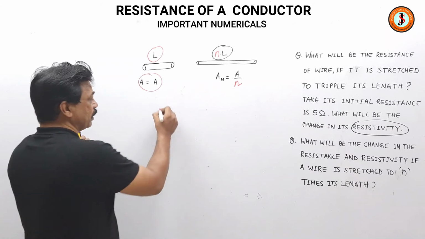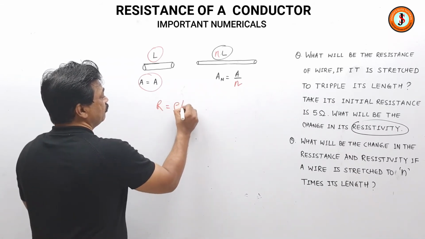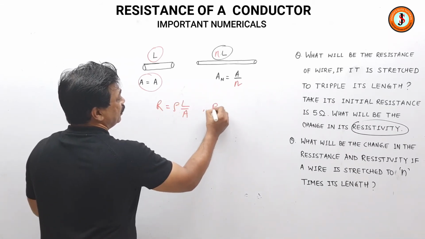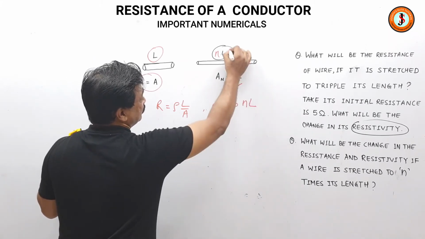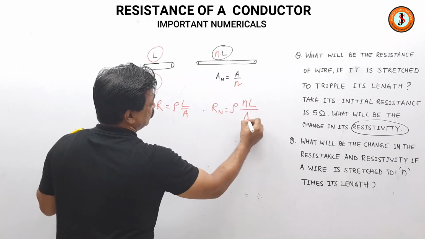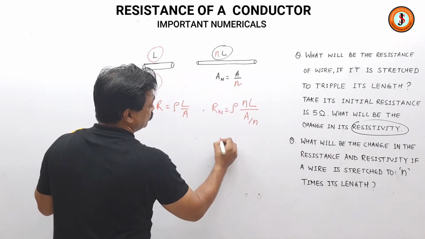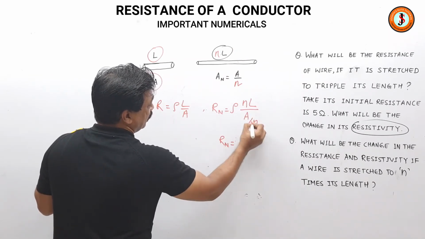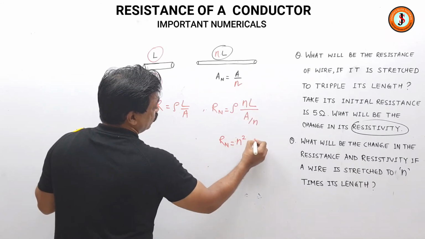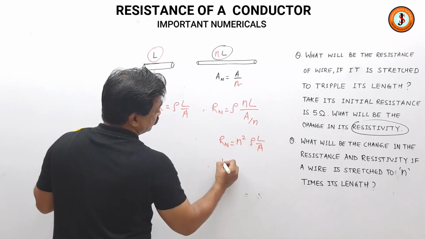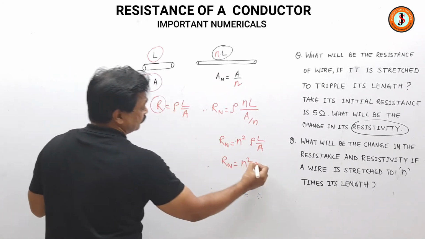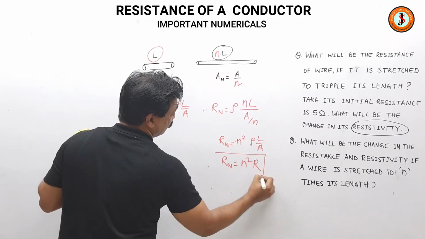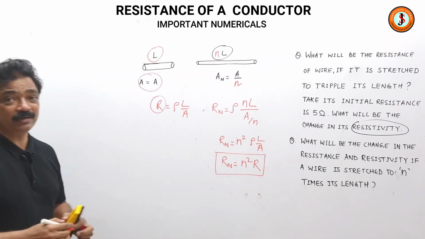So now simple, R is equal to rho L by A, and R new is equal to rho nL, that is the length here, by area of cross section, so area by n goes on the top, so R new is what? n into n is n square rho L by A, so R new is equal to n square into the original resistance. So we get a formula, so you can directly write the answer sometimes.